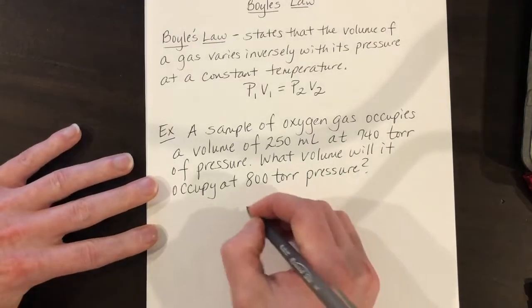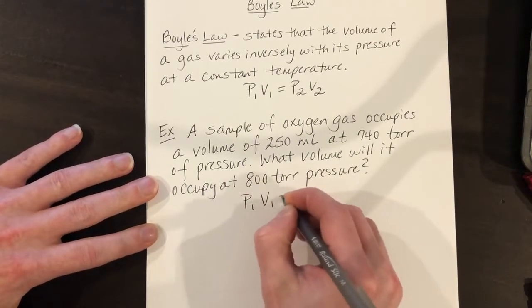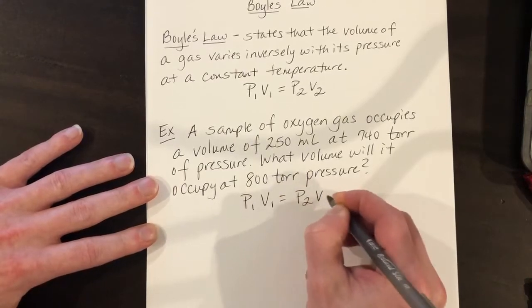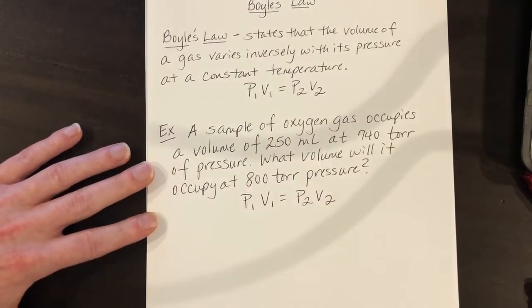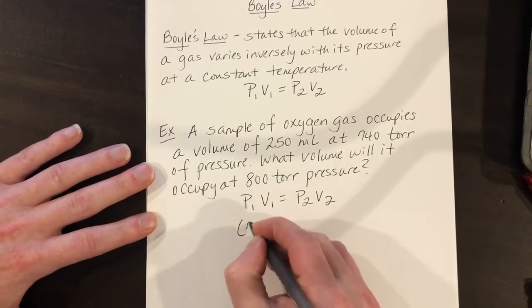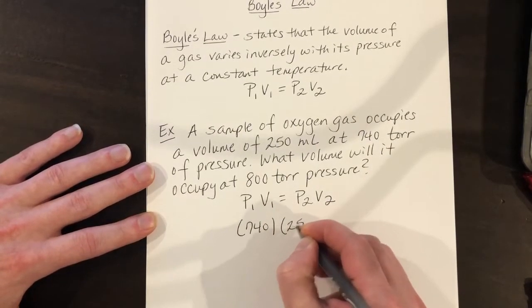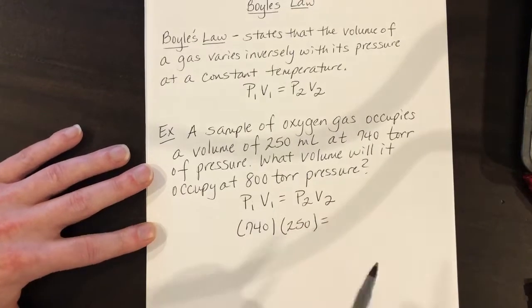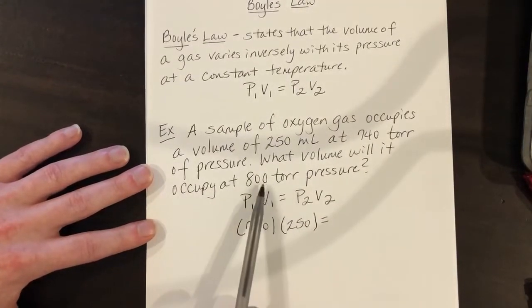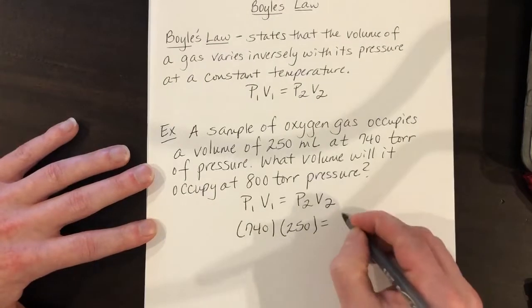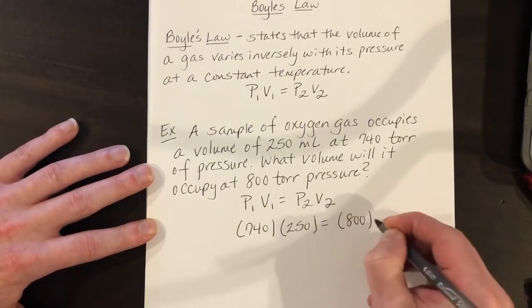So we're going to write our equation. P1V1 is equal to P2V2. Your first pressure is going to be 740 torrs. Your volume is 250. Now, our second pressure is going to be 800 torr. So we just put 800 right here. We're going to solve for V2.